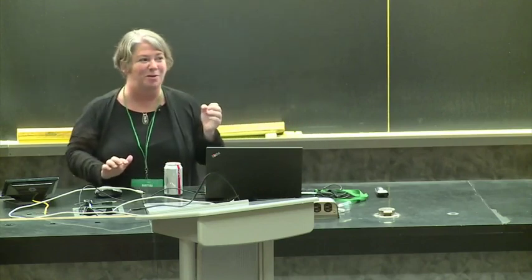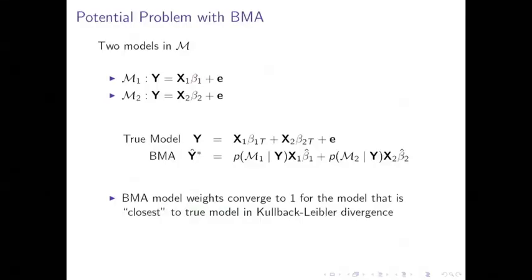Well, it doesn't. The problem is that if we don't use a rich enough set of models, these Bayesian model averaging weights will converge to one for the model that's closest to the true model in Kullback-Leibler divergence. So if we're going to employ this approach, we will need to use perhaps a richer class of models.